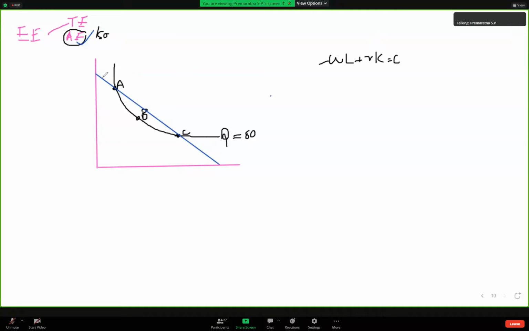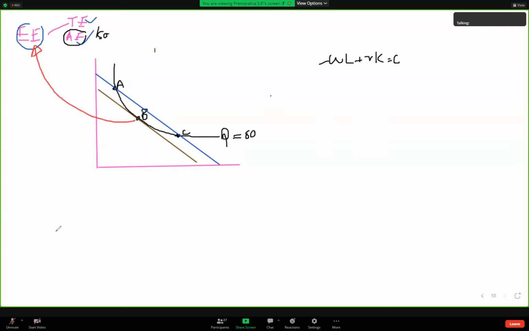Now, separately, you get allocative efficiency through iso-cost, and the technical efficiency. For economic efficiency, the producers have to reach this point. So there, point B, the producers get economic efficiency.